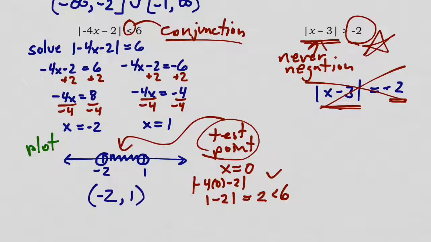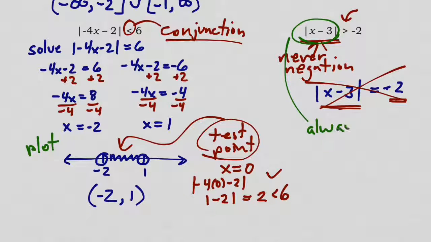So the answer comes down to the direction of the inequality. In this case, we have a greater than symbol. Absolute values can never be negative, which means they're always positive, or maybe sometimes they're equal to 0. In either case, it's always going to be greater than -2. So this expression is always greater than -2, and so the solution is going to always be true.